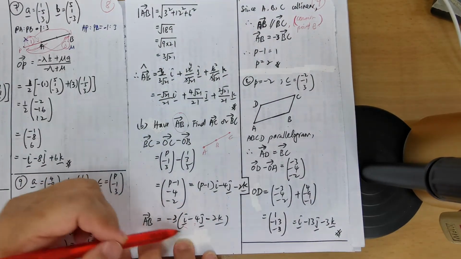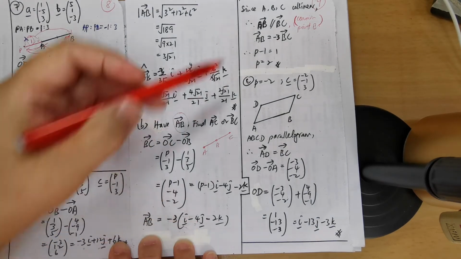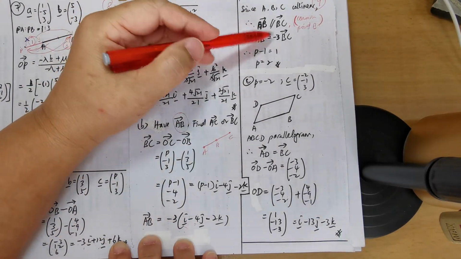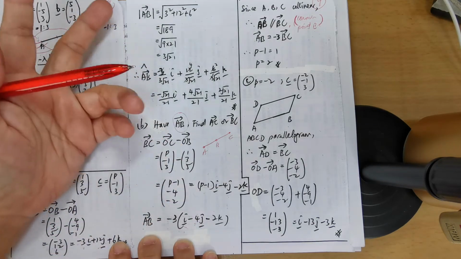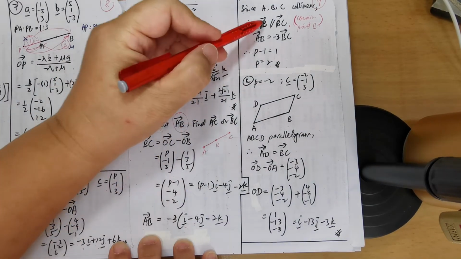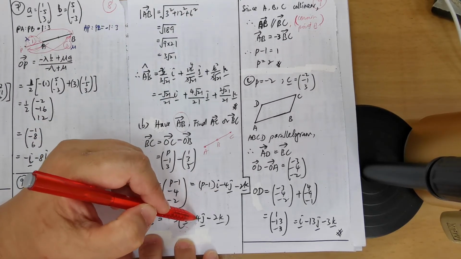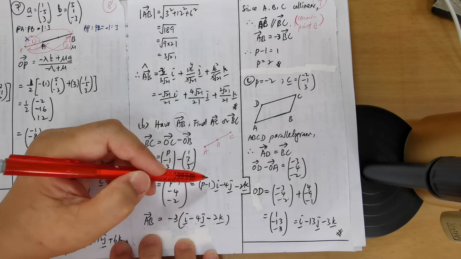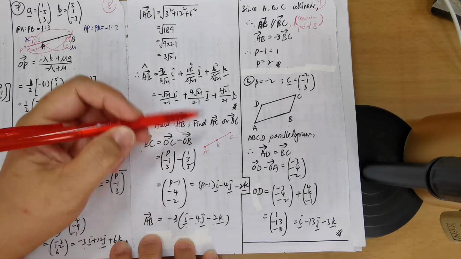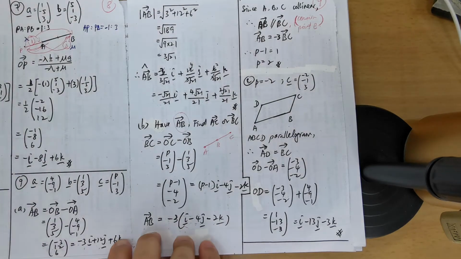So AB must equal negative 3 BC because they are parallel. We determine BC in two ways: one from the calculation, one from the relation that they are parallel. When you compare these two, you see minus 4j same, minus 2k same, so definitely this is also 1i. Therefore, we conclude P minus 1 is 1, so P equals 2.